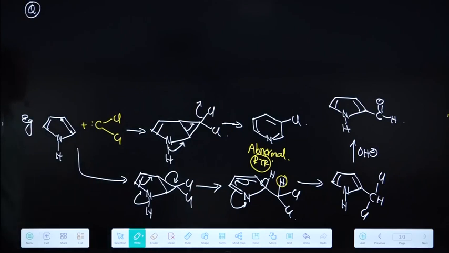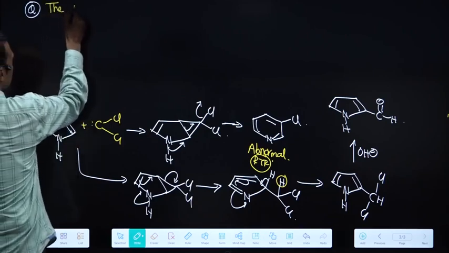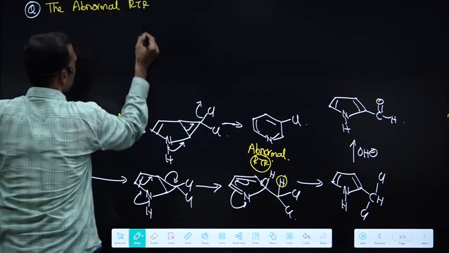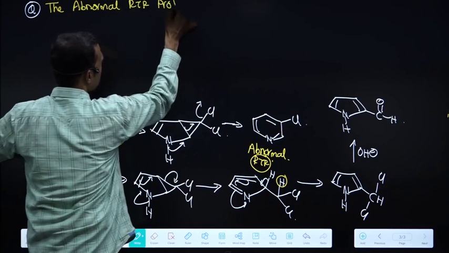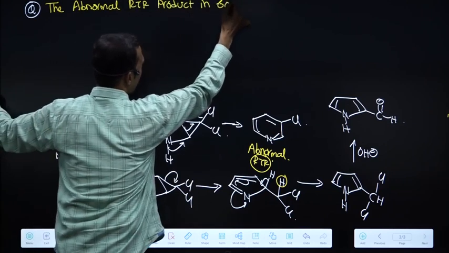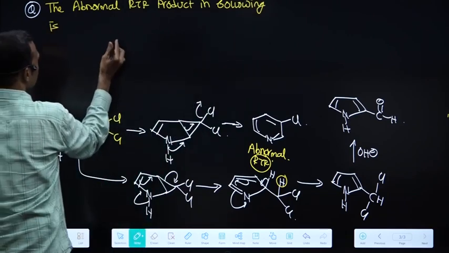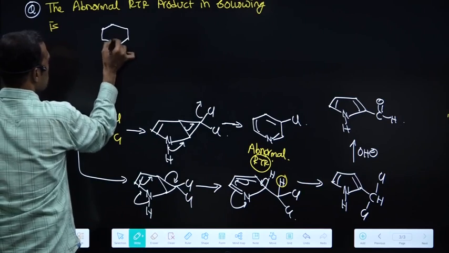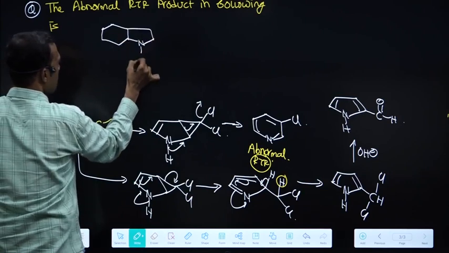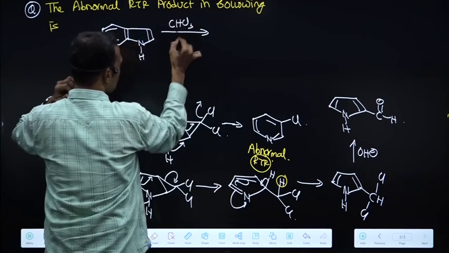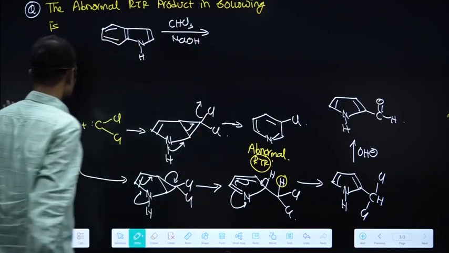Right. Take one question. The abnormal RTR, Reimer-Tiemann reaction product in the following. Chloroform in sodium hydroxide. What is the abnormal product?